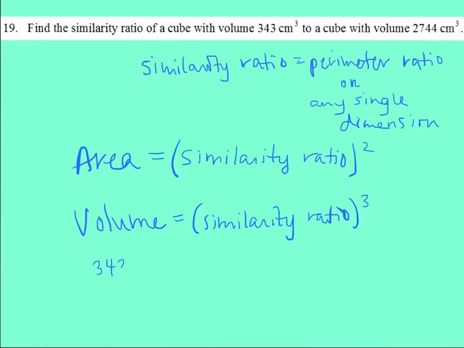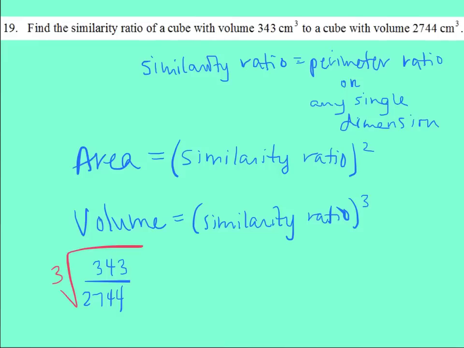And that's helpful, but that's not what I'm interested in. So what I need to do is go backwards from volume to my similarity ratio. And the way I'm going to do that is by taking the cubed root of this whole thing. And in your calculator, you can do that. Remember, you hit 3, second, the caret button, which gives you that x radical.